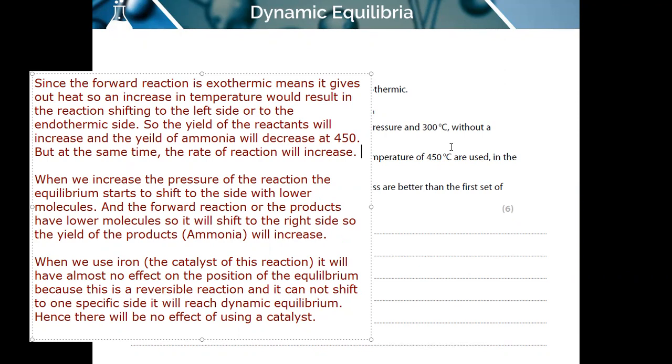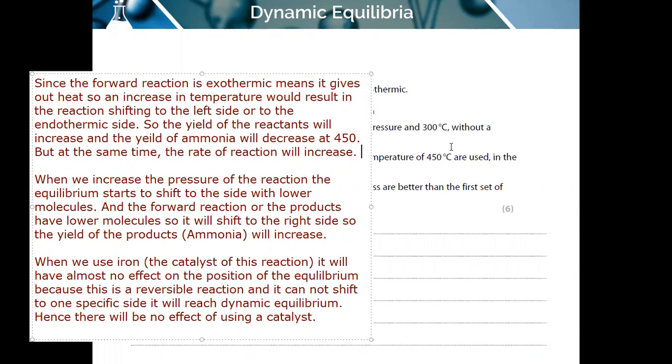Why? Because even though we are getting less ammonia, we will get it faster because the rate of reaction will be faster. Remember, that is what I told you. Why do we not take it down to room temperature? Because the lower the temperature, the more ammonia you get. You don't need to heat it up or put in any heat energy, and you will get a lot of ammonia.